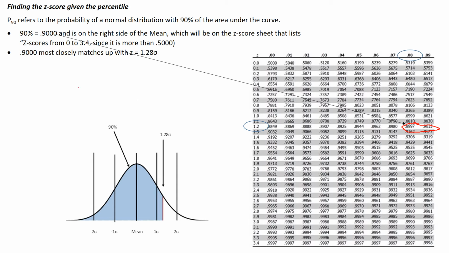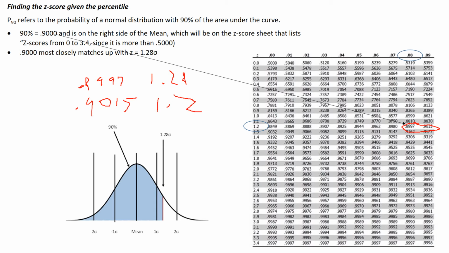Well, 0.8997 is 1.28 deviations, and then 0.9015 is 1.29 deviations.